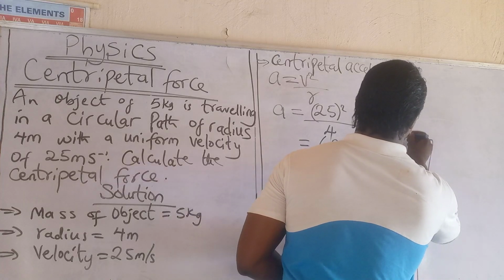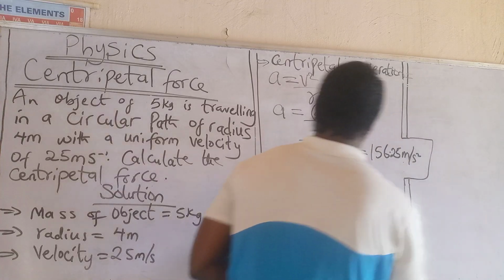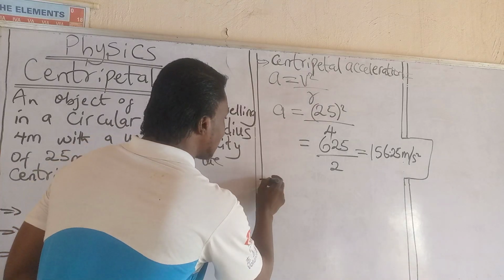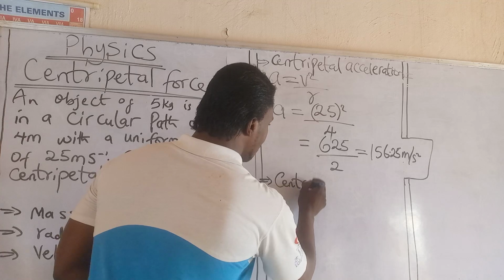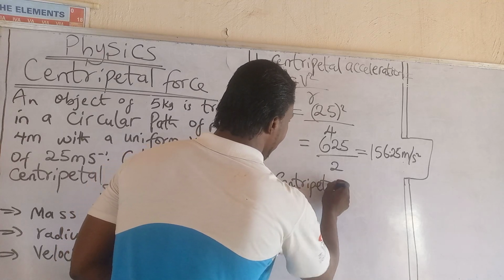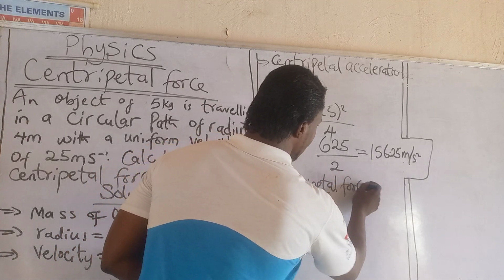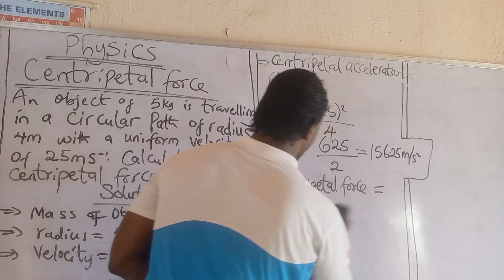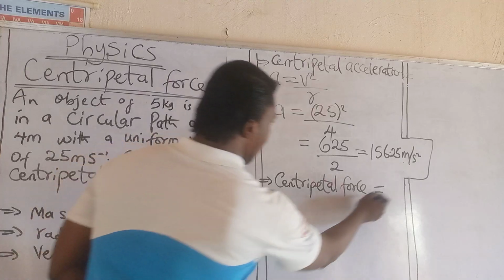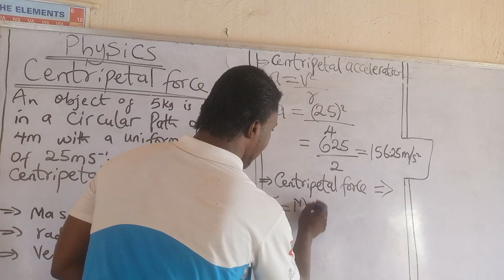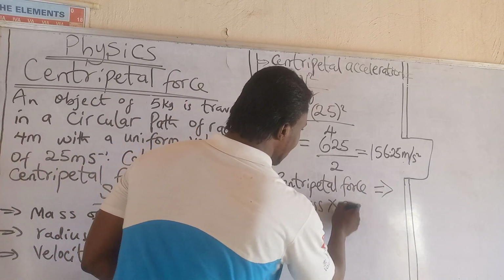Now that you have gotten the centripetal acceleration on the board, you can use it to get your centripetal force. Centripetal force is given by F. Of course, you know that force is mass times acceleration.